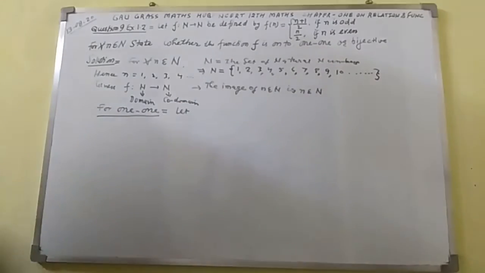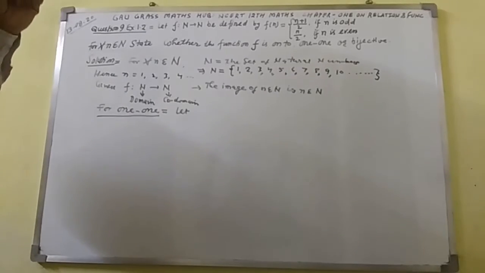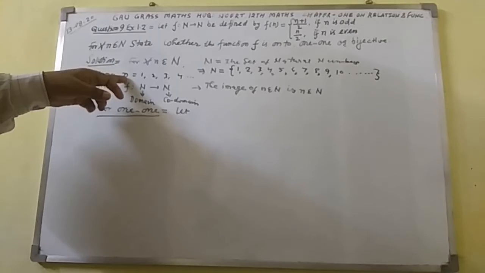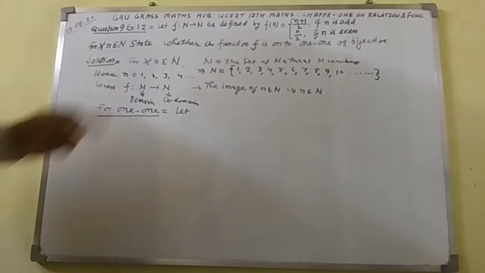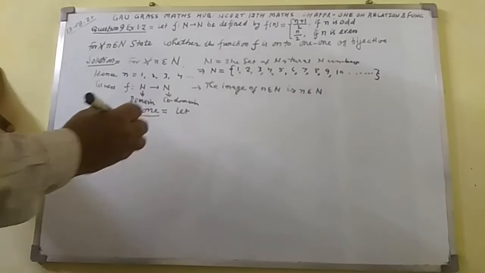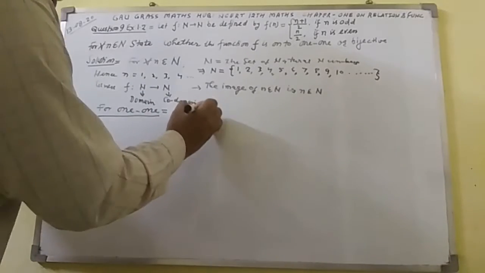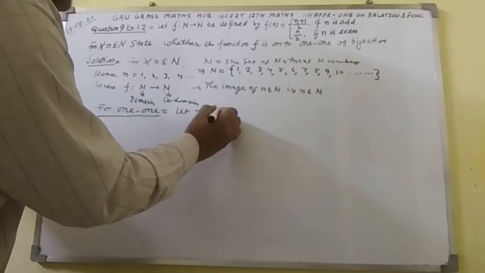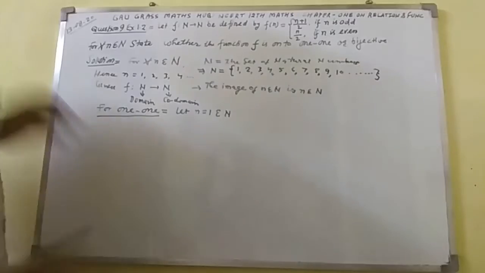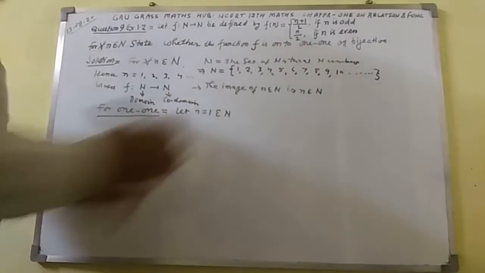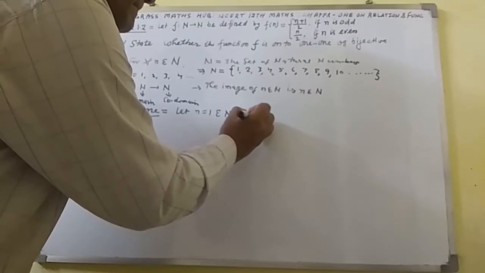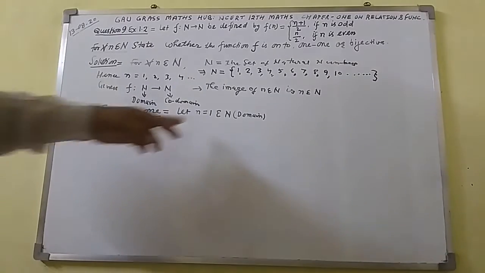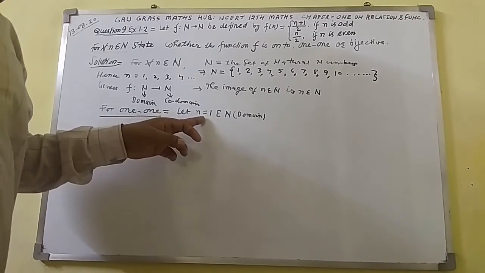Let small n equal to 1 belong to capital N, that is the domain. So here you can see n equal to 1.